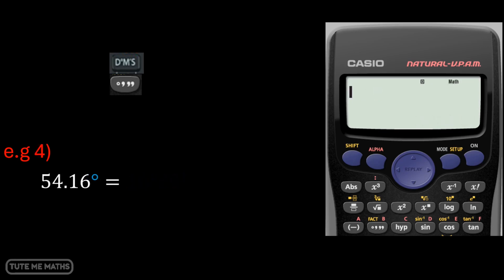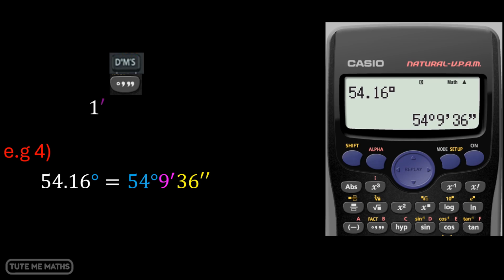First, you might like to pause the video and try this one on your own. Simply typing 54.16, tapping DMS, then equals, we see that it exactly equals 54 degrees, 9 minutes and 36 seconds. I already mentioned that we usually only require answers rounded to the nearest minute. Remember, minutes and seconds are base 60, not 10.